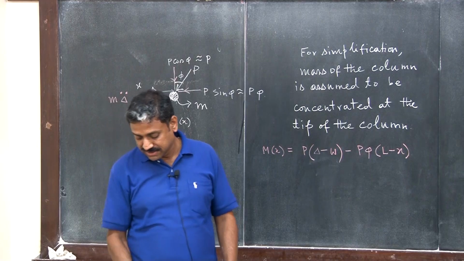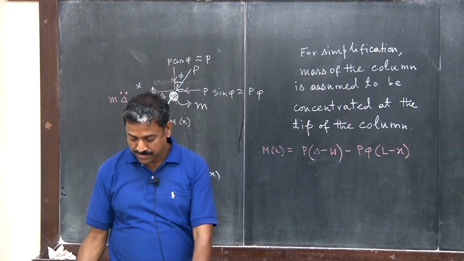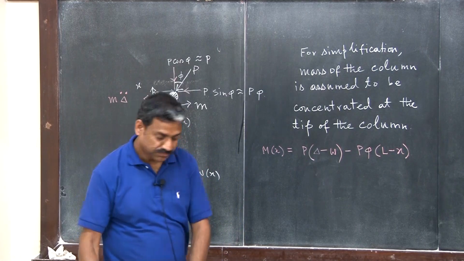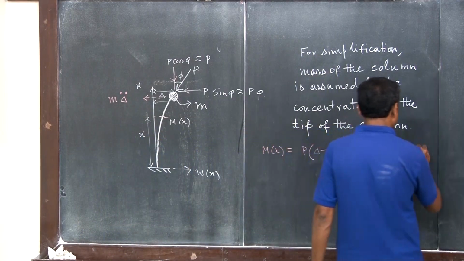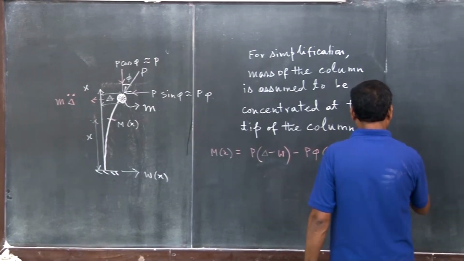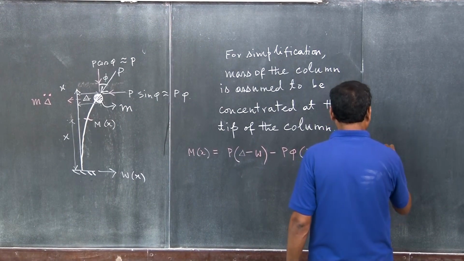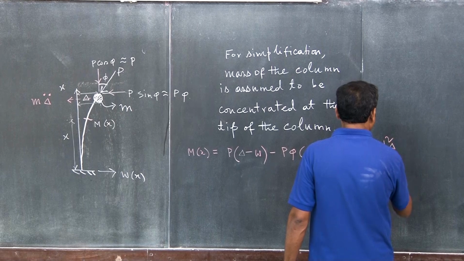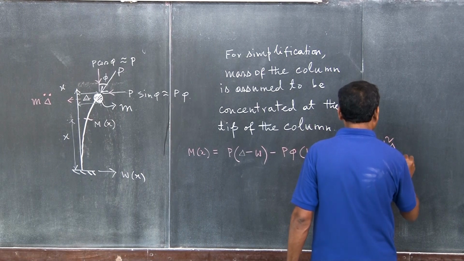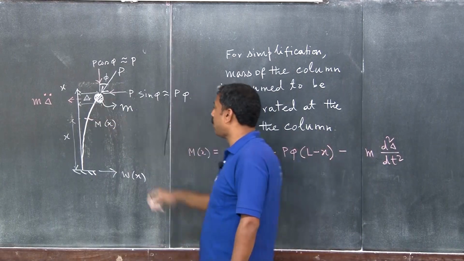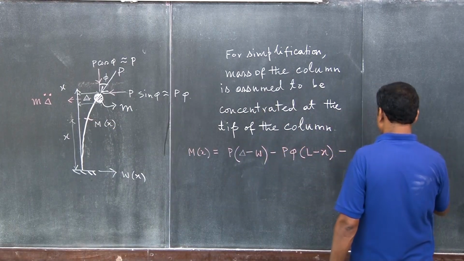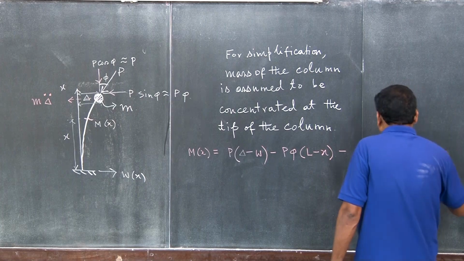So please add this to the system. Here, minus m delta double dot, meaning d2 capital D by dt2, is the force. Then once again you take the moment. This moment will be L minus x, right?